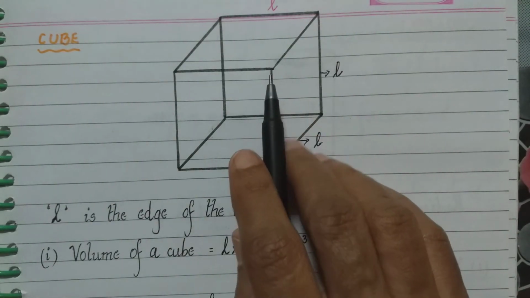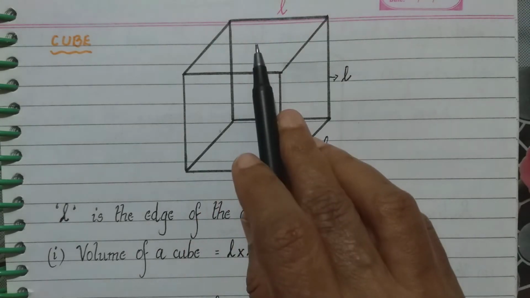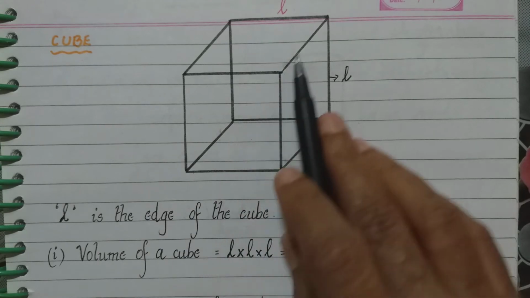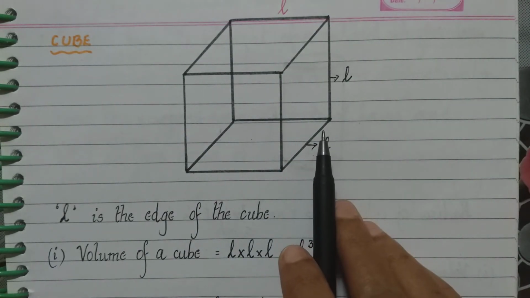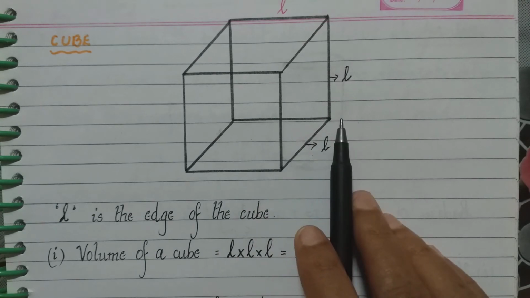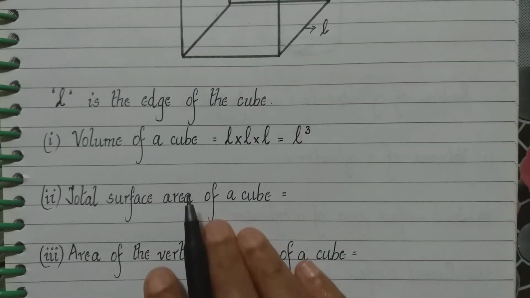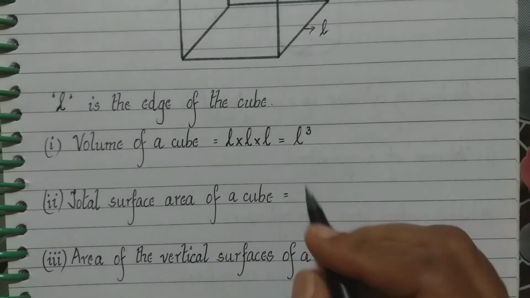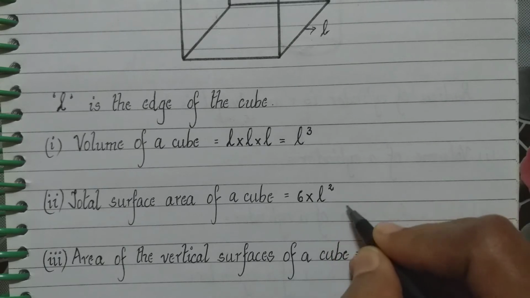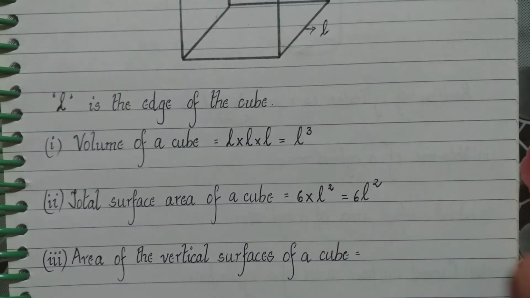Now in a cube we have 6 surfaces: 1 here, 2, 3, 4, and 1 in the front and 1 behind, so 6 surfaces. And we said each surface has area L into L, which is L square. Therefore the total surface area of a cube will be 6 into L square, which is equal to 6L square.